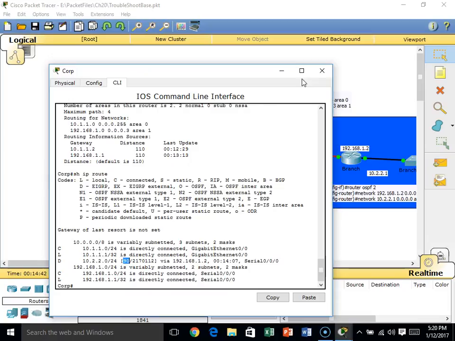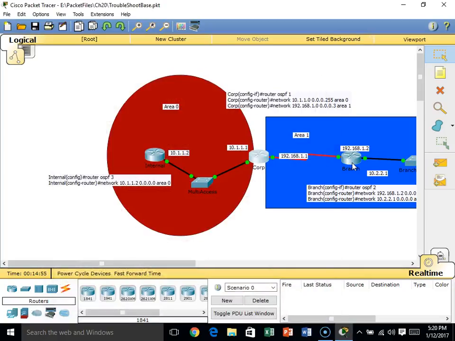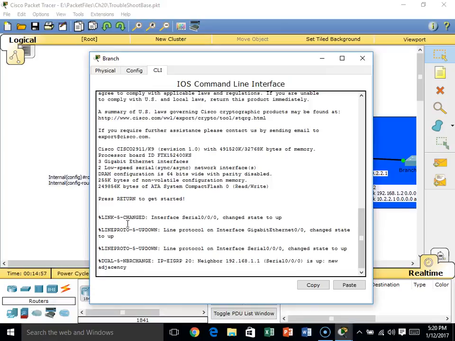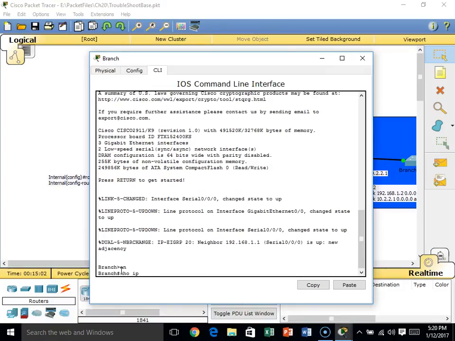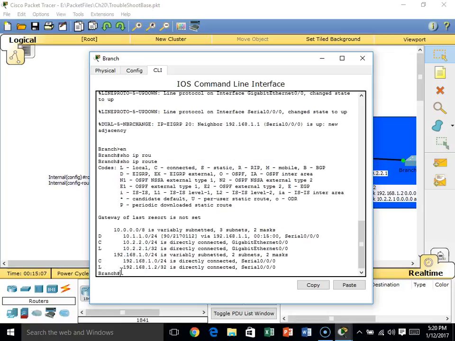Actually, let's go to the branch router, and this is the one where we wanted just the show IP route. We still have the D to get to 10.1.1 via 192.168.1.1, which makes perfect sense.